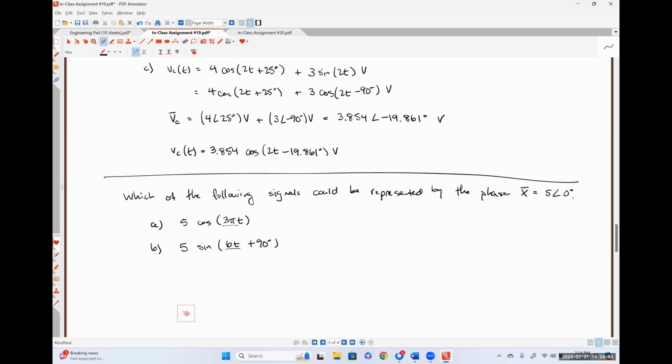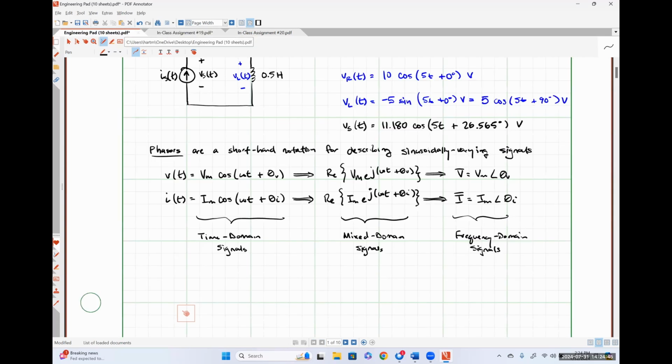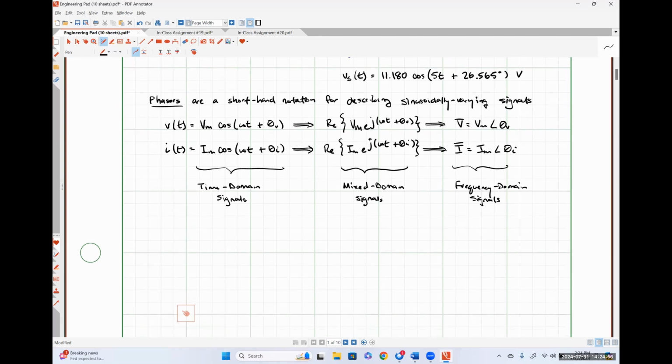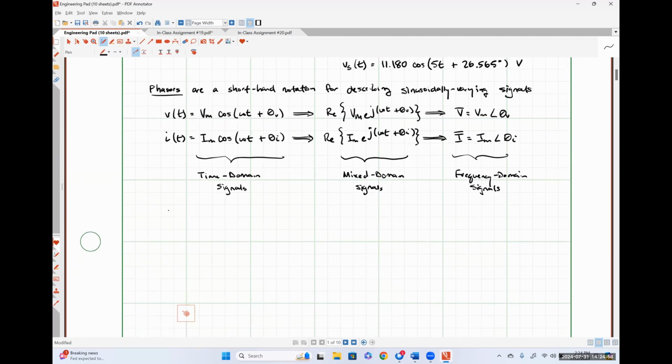All right, so let's pop back over here. So I think we have a pretty reasonable handle on phasors. It's not a particularly difficult concept. So now let's talk about frequency domain relationships for circuit elements.